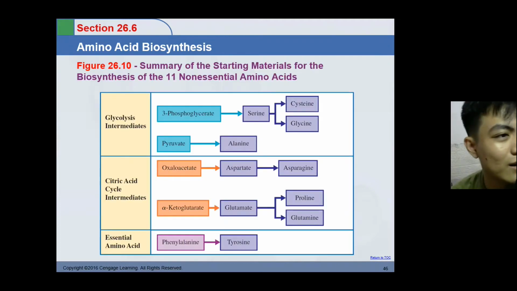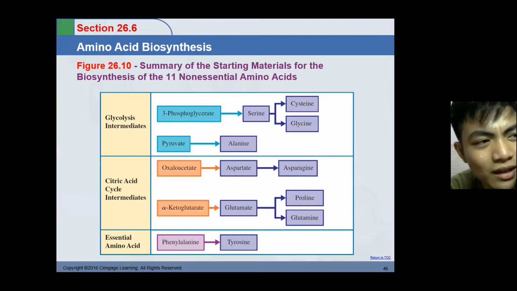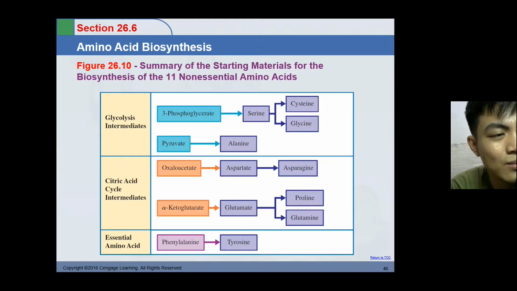Okay, so this is the summary of our starting materials for the biosynthesis of the 11 non-essential amino acids. Okay, remember, 11 yung non-essential amino acids kasi siyam doon ay essential. Ano yung siyam na essential? WHT, FBR, MILK.